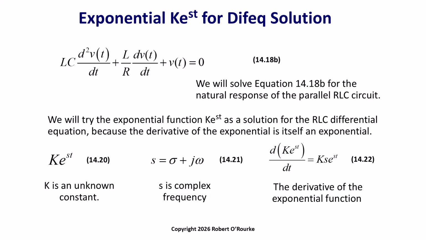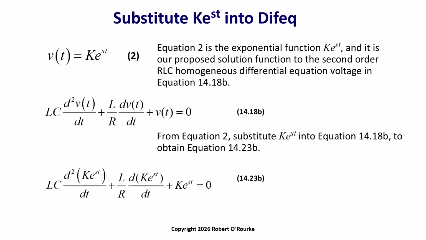The complex frequency S, shown in equation 14.21, is made up of sigma, the real part, and j omega, where omega is the imaginary part. We'll try using the exponential function from equation 14.20 and equation 2 above in our solution process.